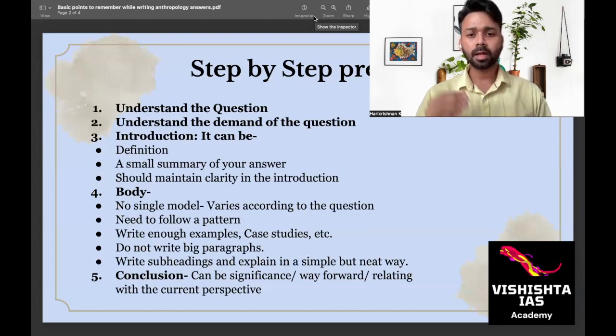Second, it has to follow a proper pattern. For example, let us say there is a question about modernization, and the question is asking three different things. Let us say the question is: define modernization, and critically evaluate modernization in the country in recent times from the current perspective.